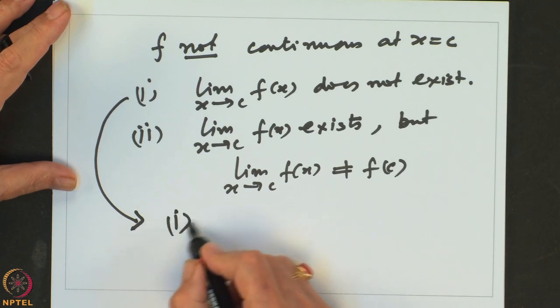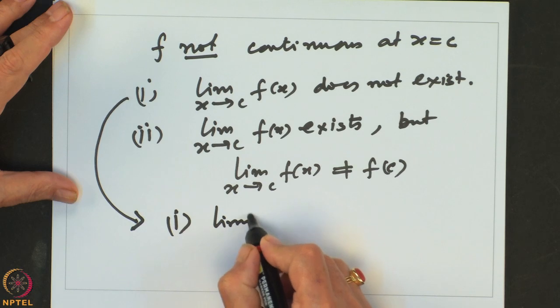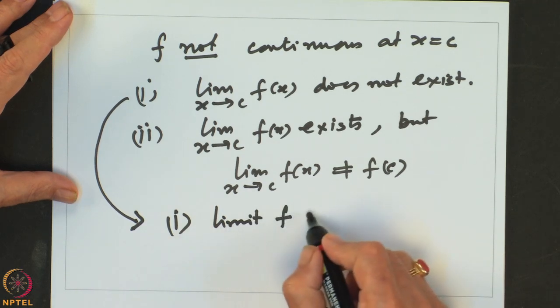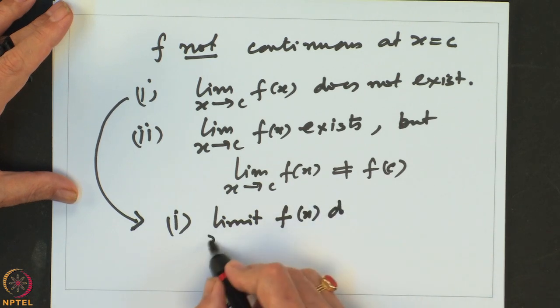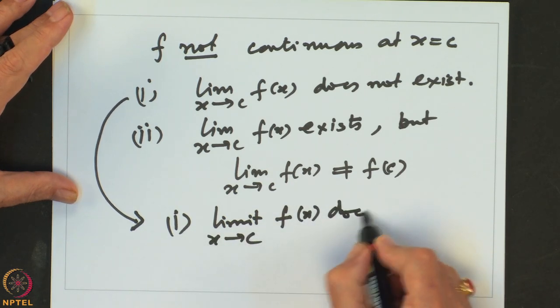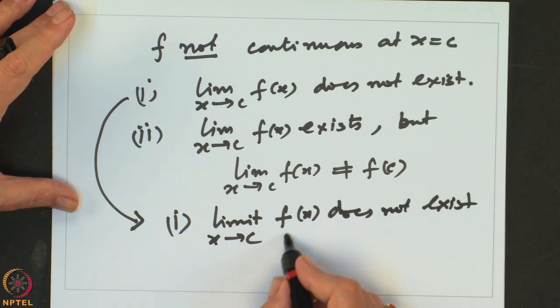So, for the case where the limit as x goes to c of f(x) does not exist, there are two possibilities.